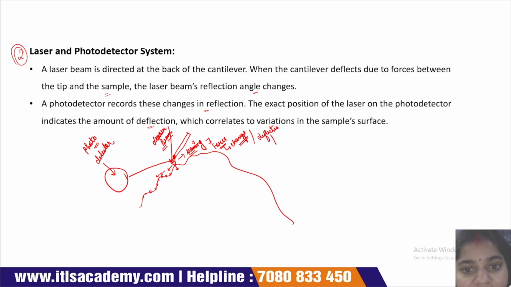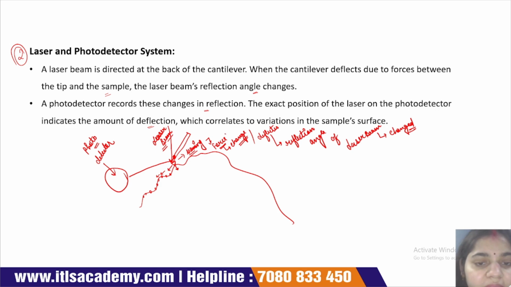Due to this deflection, the reflection angle of the laser beam also changes. As the tip scans the surface, the cantilever force will deflect.